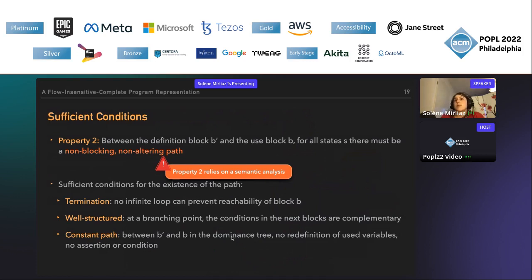Not that I think of, because we have an algorithm here that can transform the program statically, which is kind of the point. While for property 2 here, it would be really hard to ensure that we can find a path for any state.